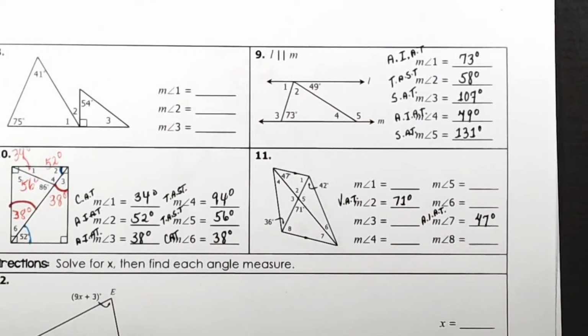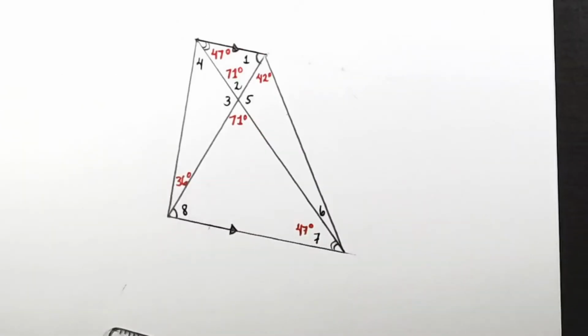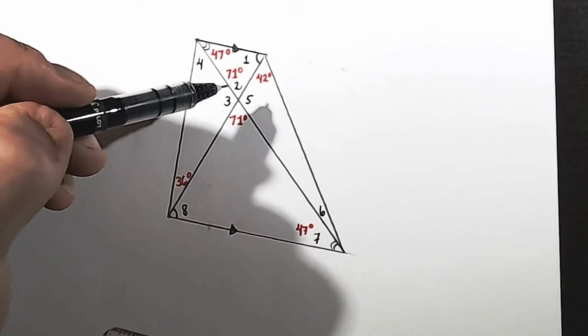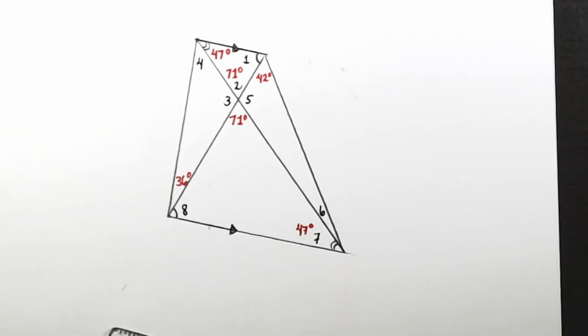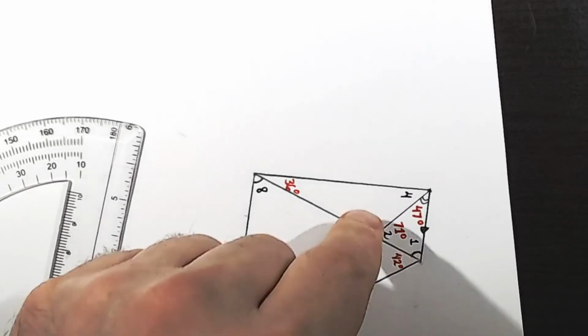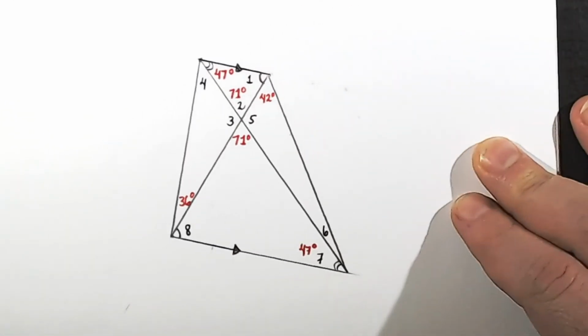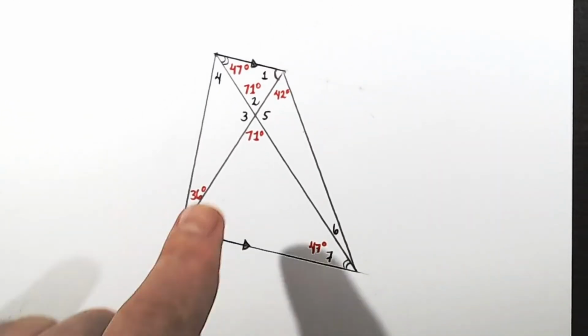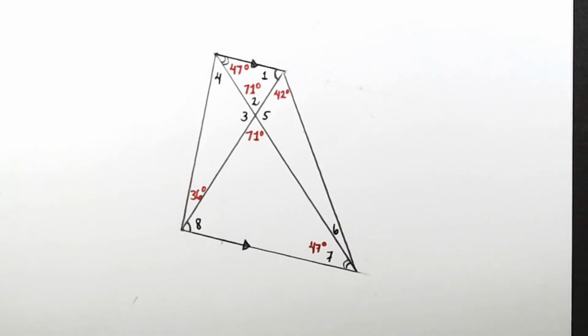Remember, vertical angle says if two angles are vertical to one another or opposite one another like this, they are equal. And notice also that angles 3 and 5 have a vertical angle relationship. If I turn the page, you see that they're opposite of one another. Okay? So even though they're across from one another, we still call it vertical angles theorem. And we'll find that here momentarily.